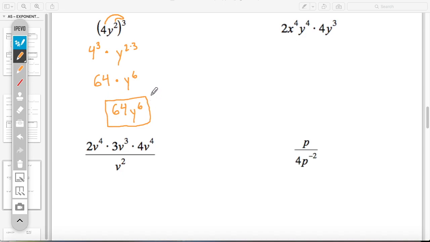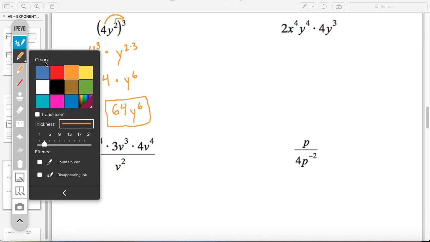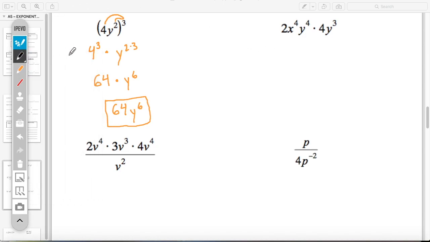Awesome. Okay, let's go right over to this one right here. So, what I'm going to do is I'm going to write everything out. Okay, so this is the same thing as 2 times x to the 4th times y to the 4th times 4 times y cubed.